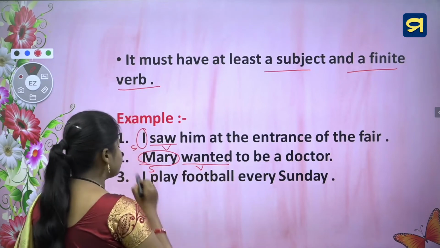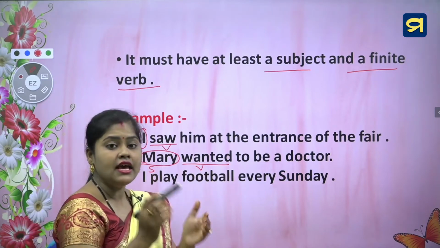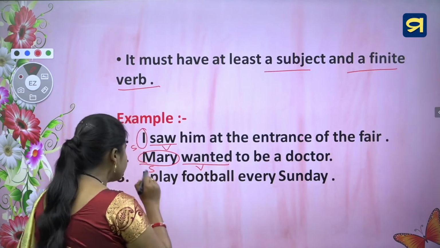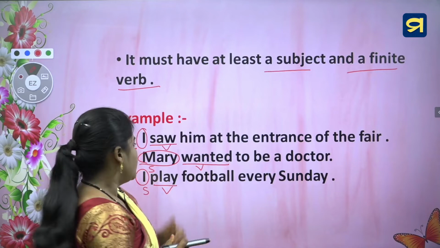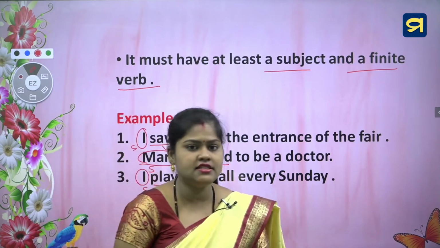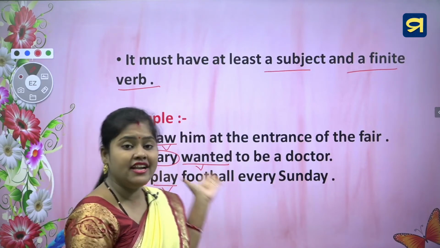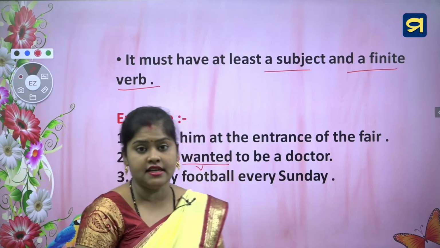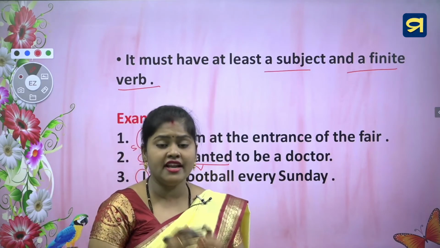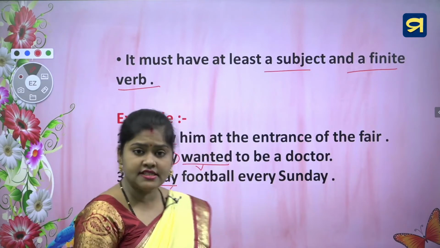In third sentence, I play football every Sunday. I is the subject and play is the verb. Okay. Now, are you thinking how we can identify the subject and how can we identify the verb in a sentence? Is there any rule to identify the subject and verb in a sentence?